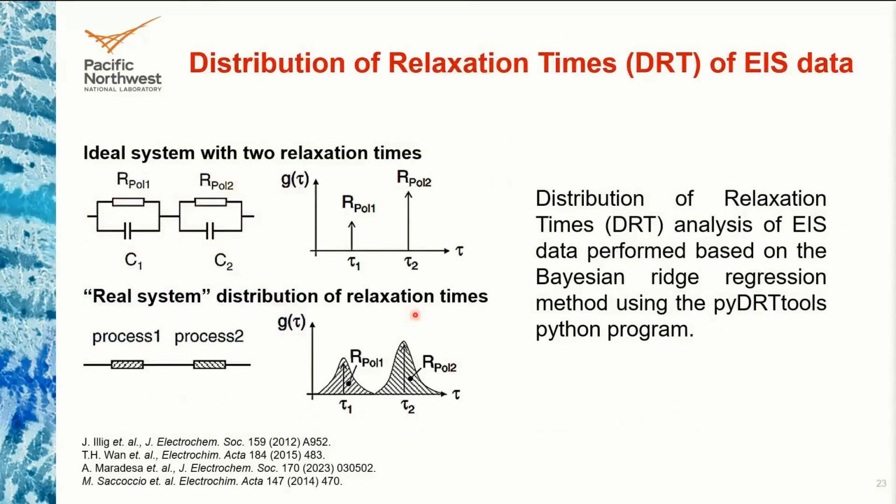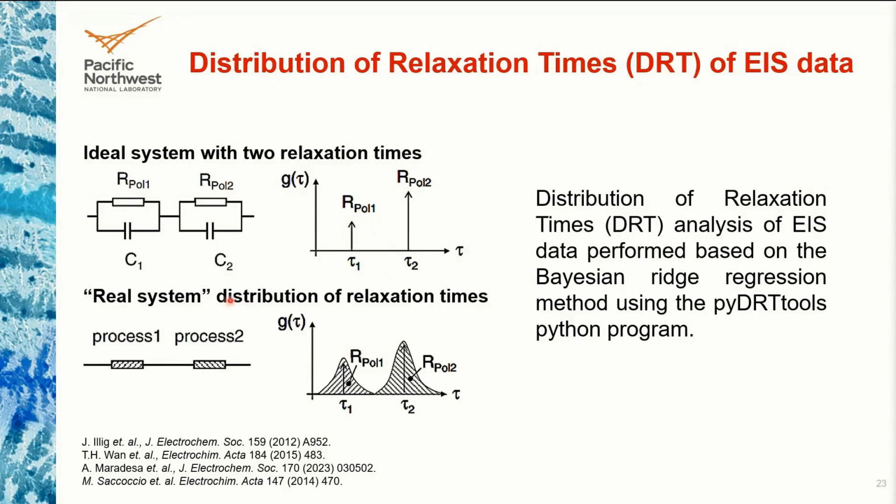Another key extension of electrochemical impedance spectroscopy is the ability to do a distribution of relaxation time analysis, which is basically represented by these two figures. So usually the response of the EIS data can be fitted into an equivalent circuit like this, where each component can be represented by a single peak or time-dependent activity.